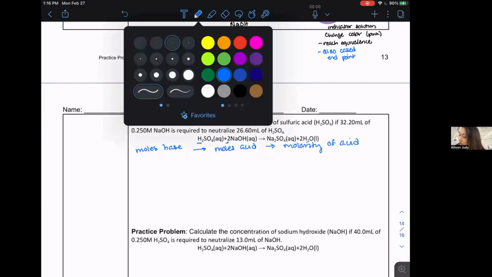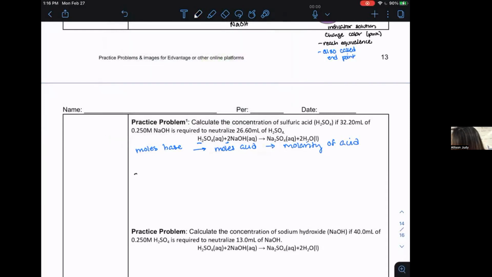So we're going to say to ourselves, okay, I know that I have used 32.20 milliliters, which I'm going to convert to liters just to make my life easier. So 0.03220 liters of base, and it's in a concentration of 0.250 moles per liter molarity of base.